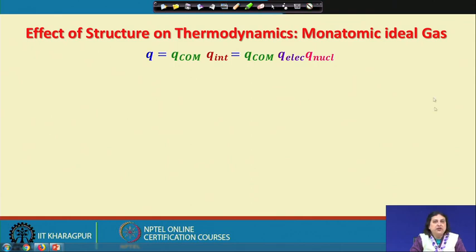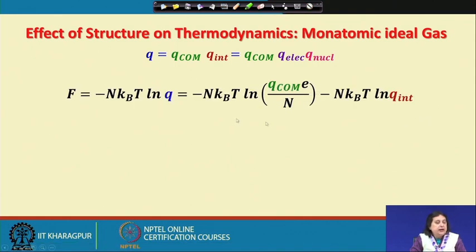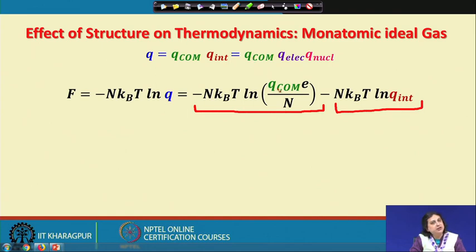The result of this partitioning was that F, which is related to capital Q, which in turn is related to small q, can now be written as a contribution of two terms. This is the first term and this is the second term. Now, this first term involves the single particle partition function corresponding to the center of mass, and this part corresponds to the single particle partition function of the internal structure of the molecule.